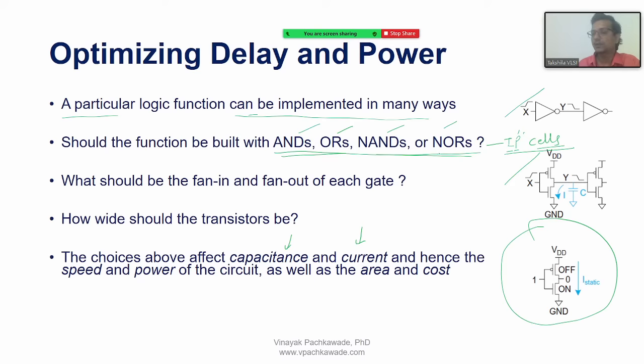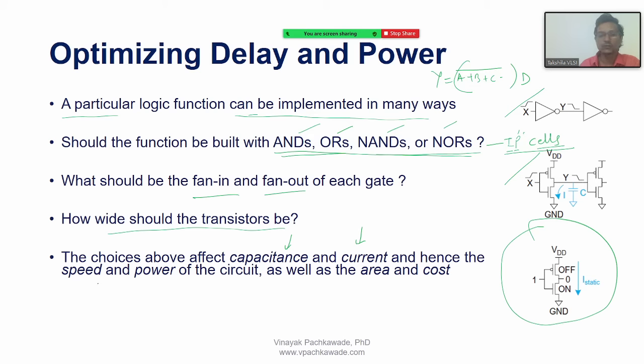So he will choose which IP cell can be called upon from the library for the implementation of the logic he wants to implement, whatever the logic that could be. Then fan in and fan out, as I said earlier, another point. And then he will also think about what the transistor is.